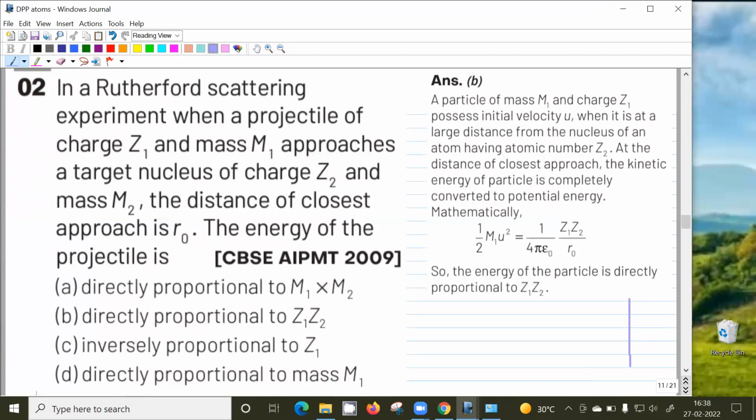It will go straight and come back, right? So this is also a projectile motion, but a special one where the angle of projection is 90 degrees. Here also it's a projectile in the sense that it goes head on towards the nucleus and turns back.